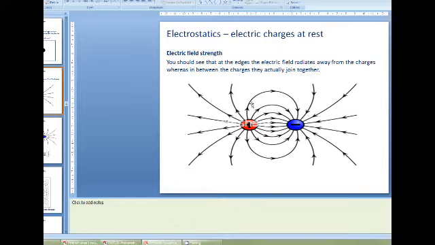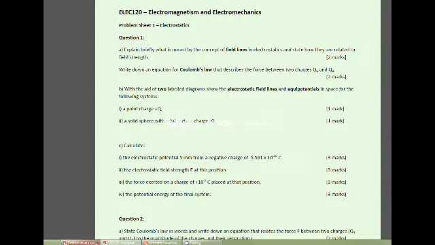If we place a positive charge here, it will move away from the positive charge that already exists, and if it's a positive test charge here, it's going to move towards the negative charge. That's the law of electrostatics. So let's go about solving this.